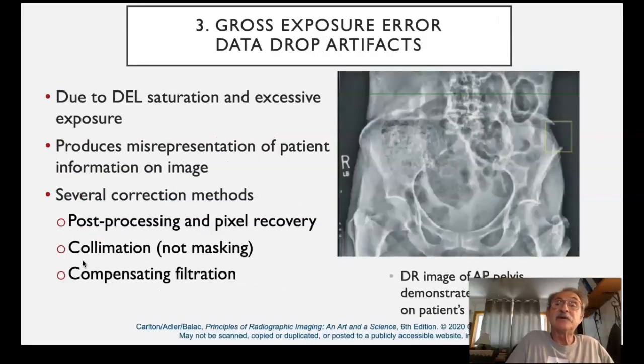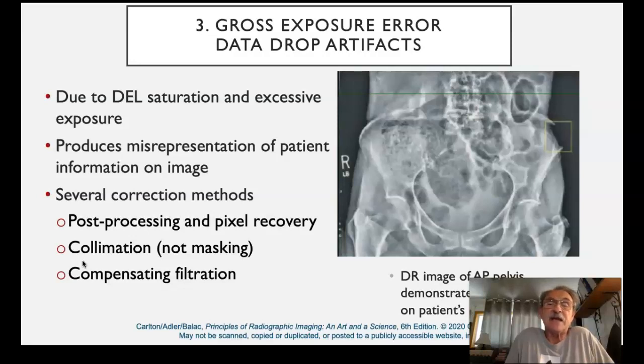Here is another issue, and that is gross exposure error, data drop-out artifacts due to detector element or pixel saturation and excessive exposure. Turn your attention to the left iliac crest on this pelvis x-ray, and can you see that the iliac crest seems to be missing a portion? And clinical correlation with this patient indicates that they did not have a lytic or a metastatic disease process going on.